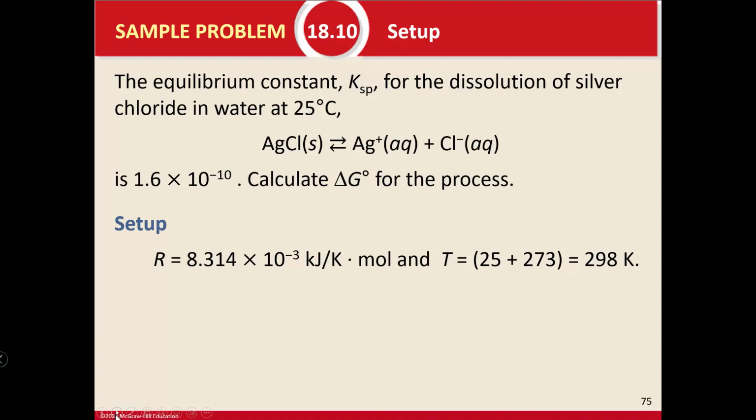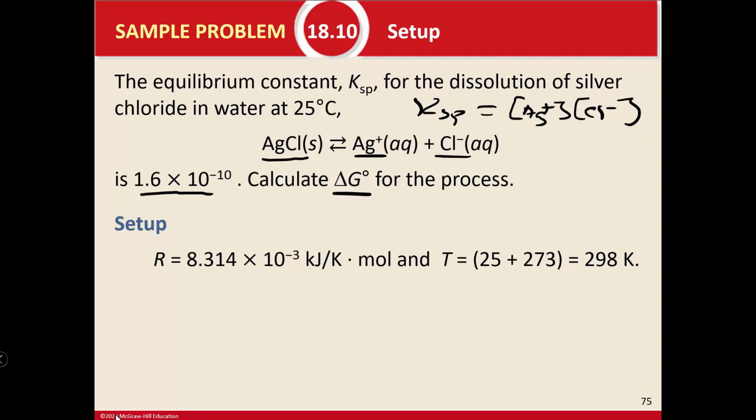This was a solubility type process, and so we would write this as a solubility product. The equilibrium expression for this, called the solubility product, would be the concentration of the silver ion times the concentration of the chloride ion. And so we learned how to solve that in the previous chapter. And they tell us that the equilibrium constant for this is 1.6 times 10 to the negative 10th.